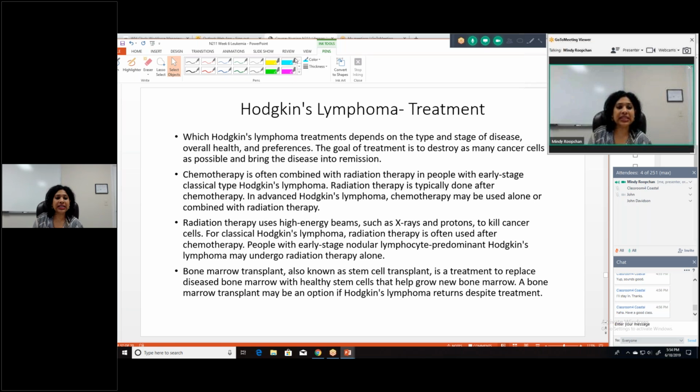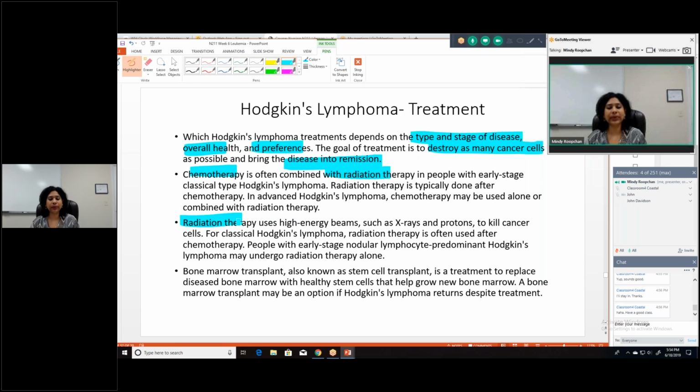So Hodgkin's lymphoma treatment, it depends again on the type and stage of the disease, overall health and preferences. And the goal of treatment, as with any cancer, is to destroy as many cancer cells as possible and get that disease into remission. So we do chemo with radiation with people that have early stage classical Hodgkin's lymphoma. Radiation is typically done after chemo, and in advanced Hodgkin's, chemo may be used alone or in combination with the radiation.